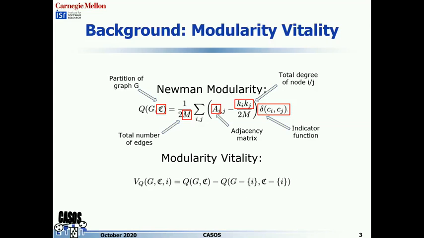This transitions the Newman modularity, which is from 0 to 1, to a signed metric from -1 to 1, which will have some cool implications in terms of social science. We'll get to that later.